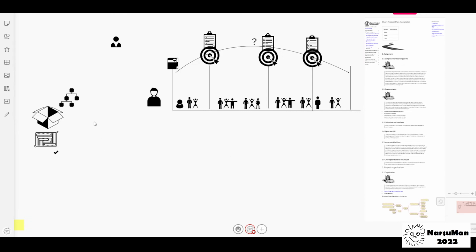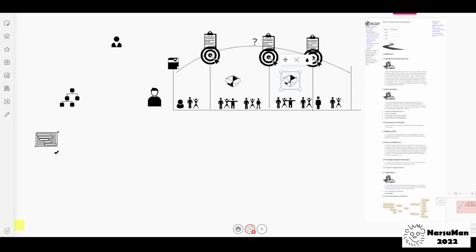There is also a very important thing: we have to plan what we are delivering in different phases of the project. So this box here is just describing the idea of what we are releasing at one point of the project. We have to make sure that we have an understanding with the customer about what is going to come out of the project during certain moments.